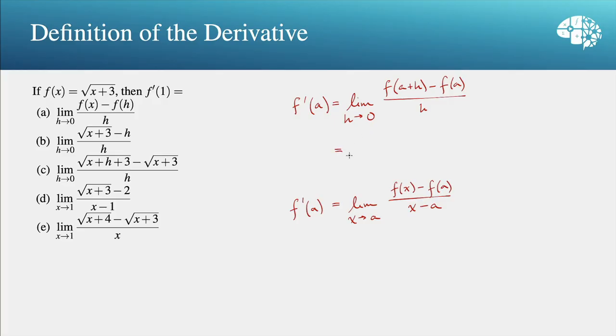So for this first one, the limit as h approaches 0, f of a plus h. Well, a is 1 because that's the number that we're finding f prime of.